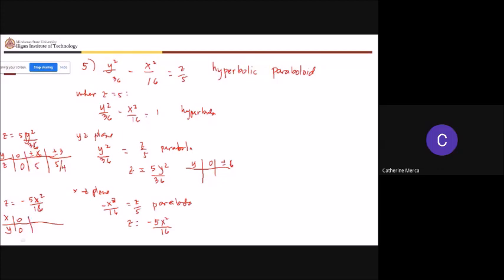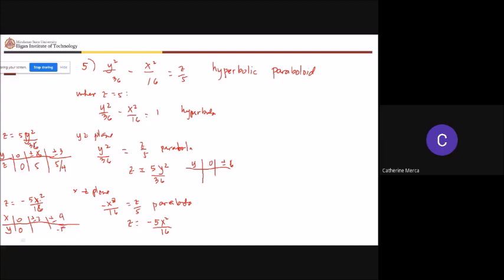When x is plus or minus 2, x squared becomes 4, so you will have negative 5 times 4 over 16.